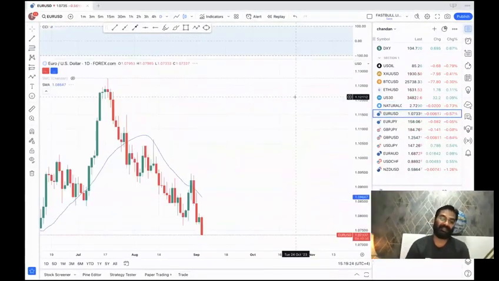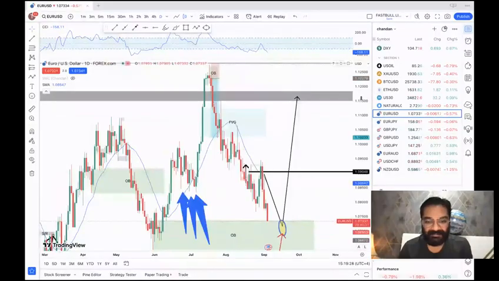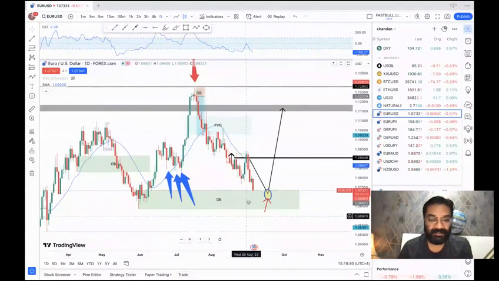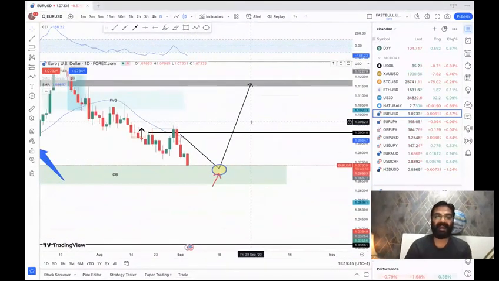Now, Euro USD. I told you it has to go down. Okay, we have some support here, right? I told you yesterday it's going to go down. It just dumped down. It was a good short trade. With this good short trade, I can see we have support here, an order block, right?